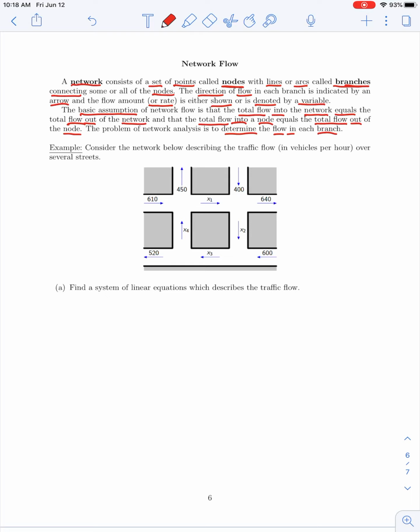So a classic example for a network flow problem is traffic flow. So let's consider the network which is illustrated below. Here we're describing the traffic flow measured in vehicles per hour over several streets. Here we've got 4 streets, and we're considering the flow among traffic through the intersections of these streets.